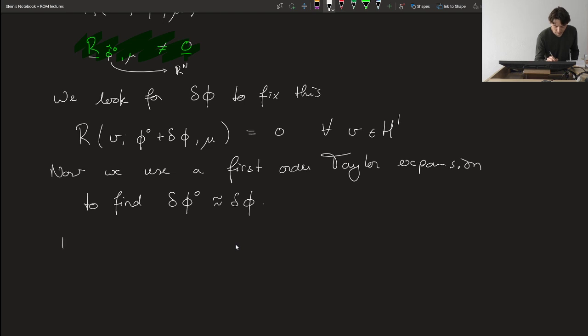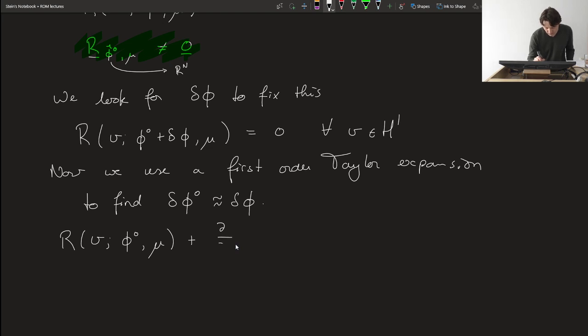What's that going to give us? We have the residual, which is still a linear form, but now at phi 0, plus the directional derivative of the residual in the direction of our phi increment. So that's a rather nasty statement. Let me just write it down a bit ambiguously for now, and we'll get into what exactly that means.